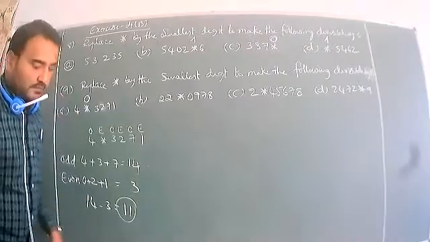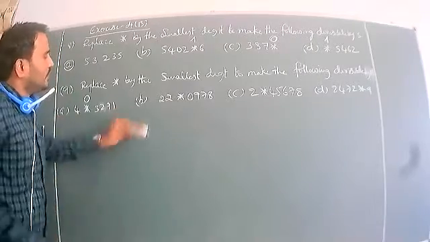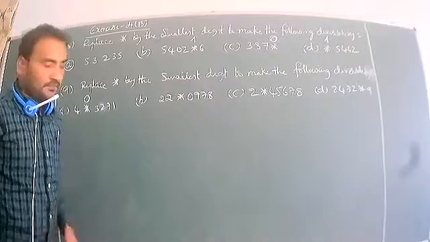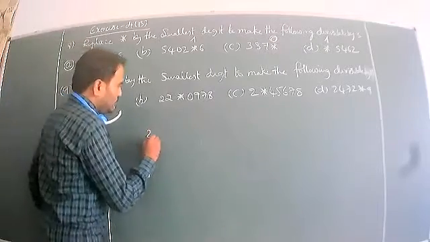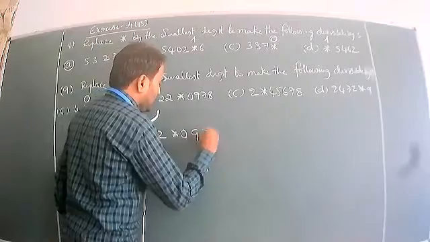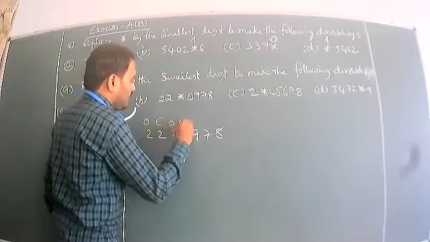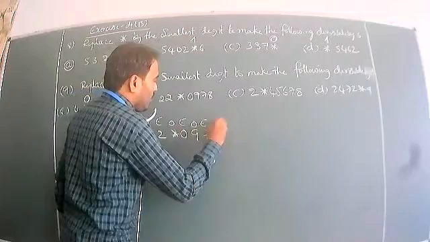Next, I will go for the second number. We should write here 0. Next, 2 2 star 0 9 7 8. So odd, even, odd, even, odd, even, odd.